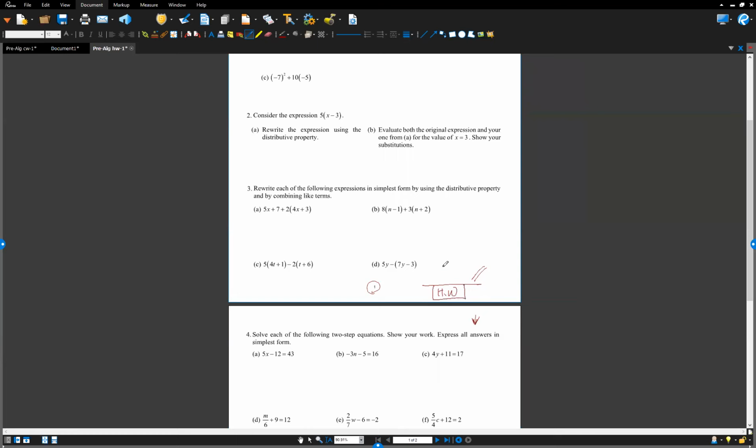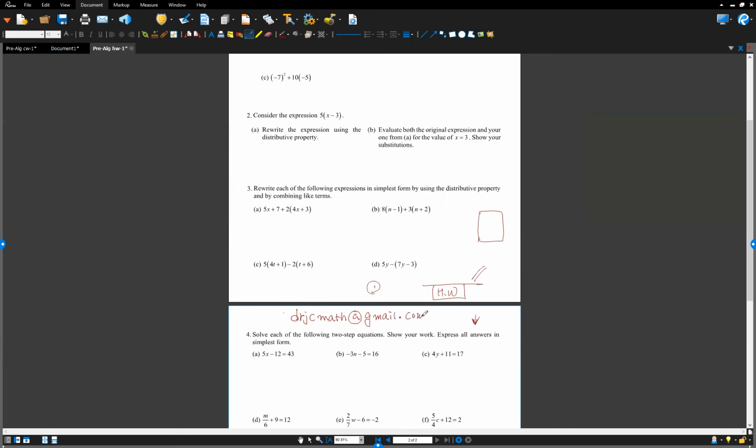After you finish this homework, take a picture using your smartphone or scanner, anything is okay, just one page, and send it to my email. This is my email, drjcmath@gmail.com.